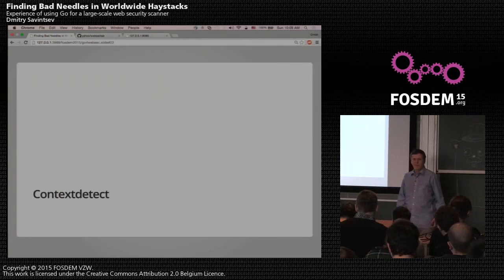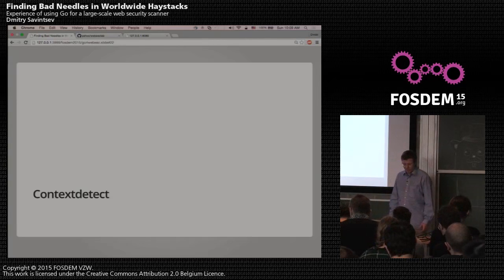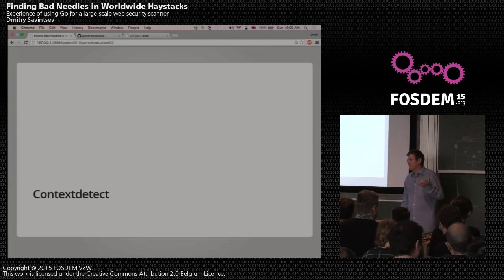The next piece that I want to talk about is the context detect. That's actually in the XSS scanner, the piece that is responsible for the analysis of the output. Usually the scanners send some fuzzy string to the site. It returns output, and then you need to analyze it.